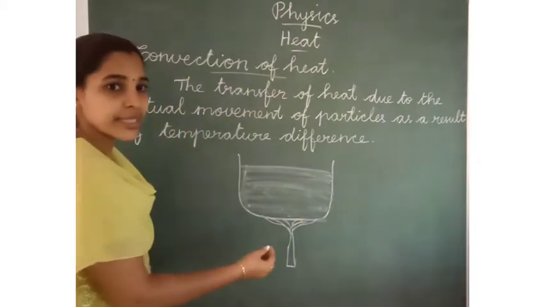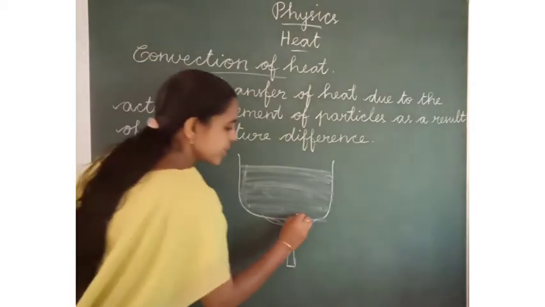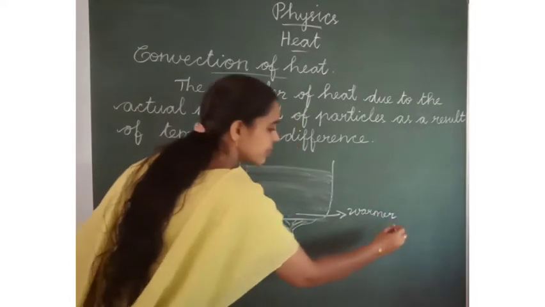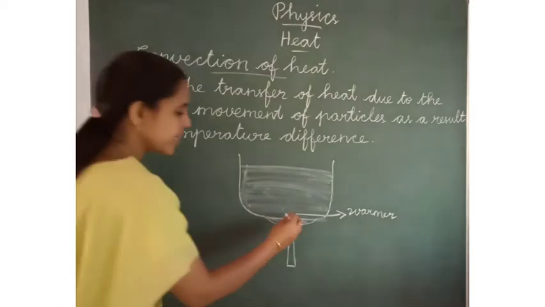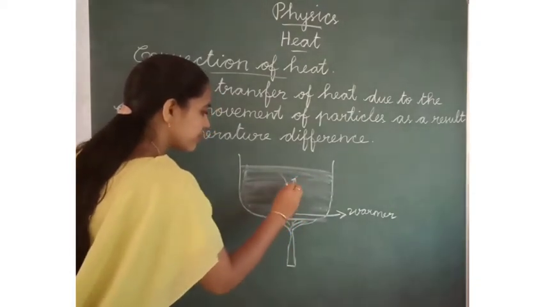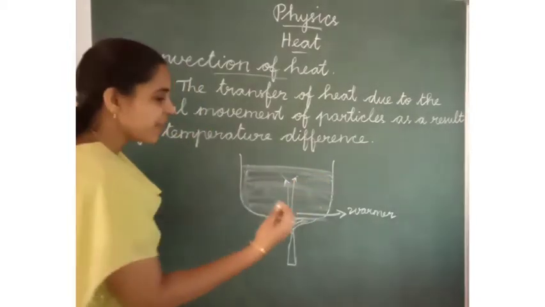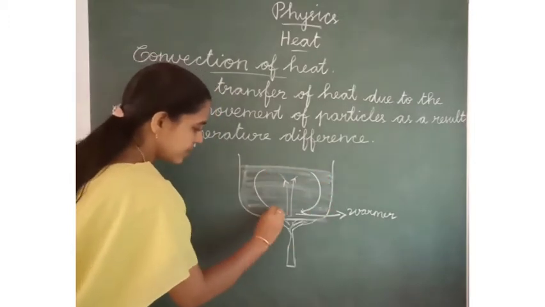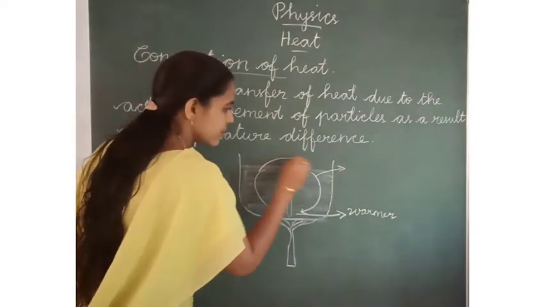From the bottom, these are the warmer particles. Warmer particles or lighter particles rise up. And cooler and heavier particles take their place. These are the cooler particles.